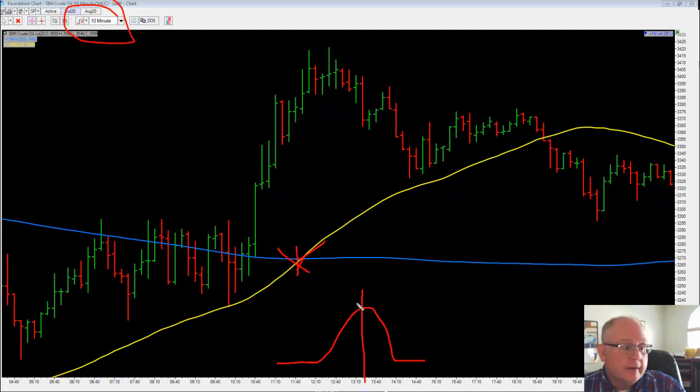So right here with this cross is the center of the standard deviation curve in relation to the 50 bar moving average against the 200 bar moving average. So right there where they crossed, roughly on, let's see, I don't know what day this is, but it's 11:30 roughly on whatever day this is, this crossed right there.